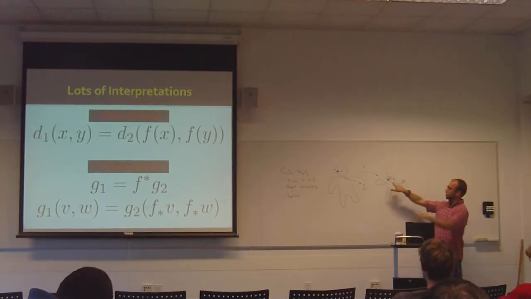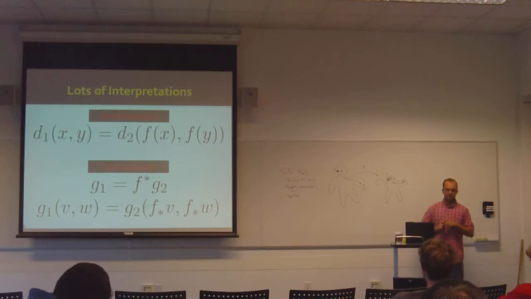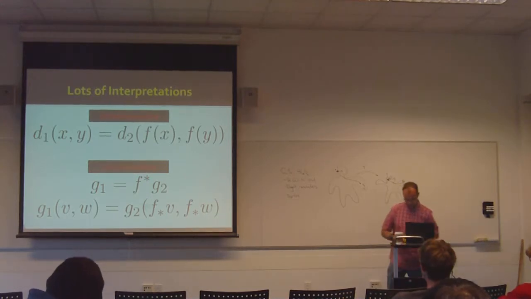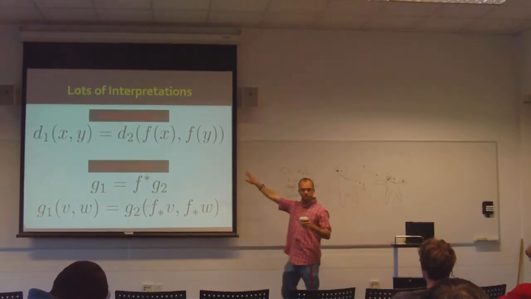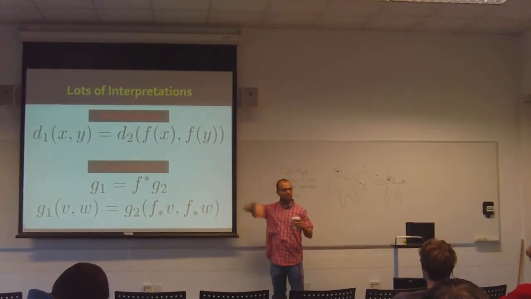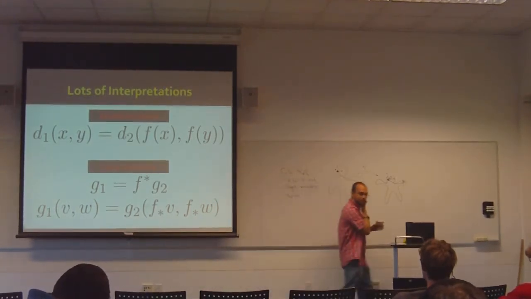Then I can take inner products on either side and I'll get the same number. There's a very deep connection between these two definitions of isometry that makes them equivalent under some additional conditions in your math.